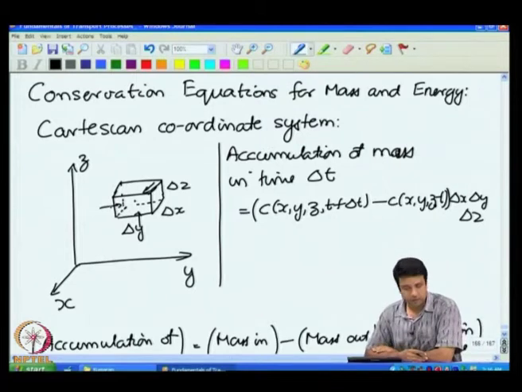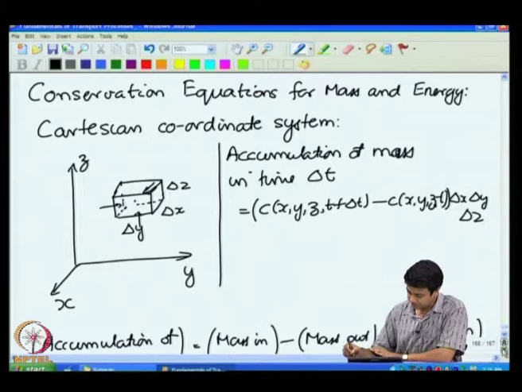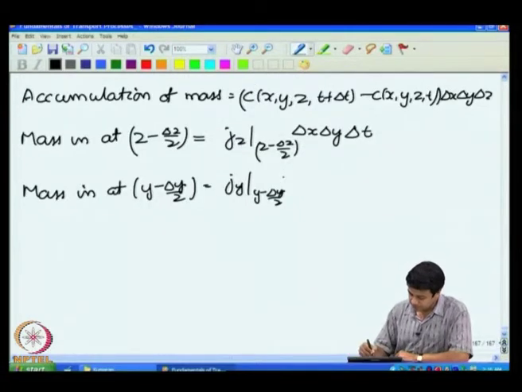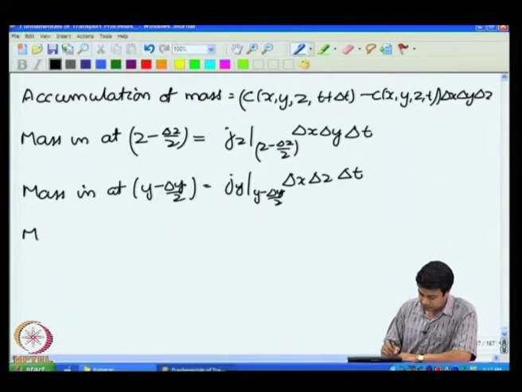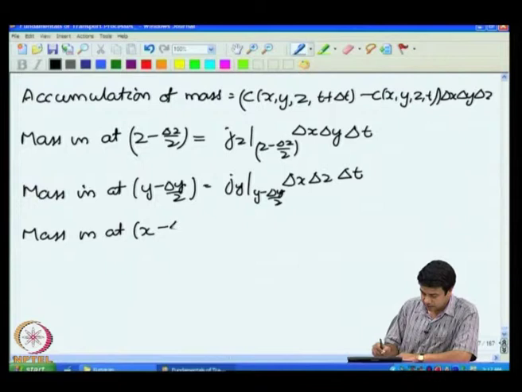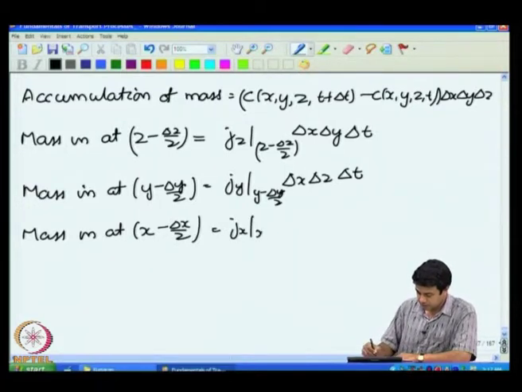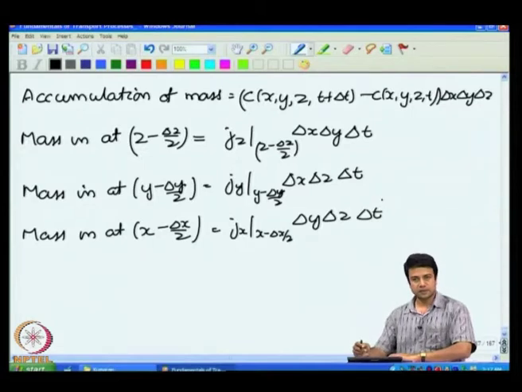The left surface at y minus delta y by 2 has area delta x times delta z. So, this is going to be equal to J y delta x, delta z, delta t. Similarly, there is a mass in at x minus delta x by 2 equal to J x delta y delta z delta t. So, this is the mass in.